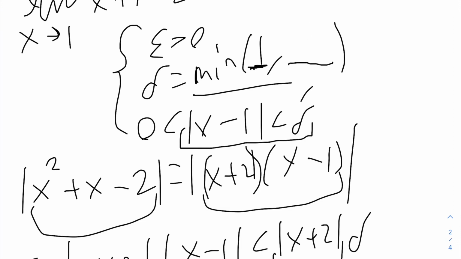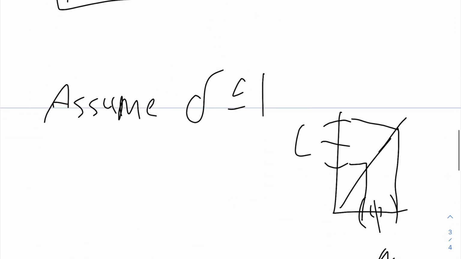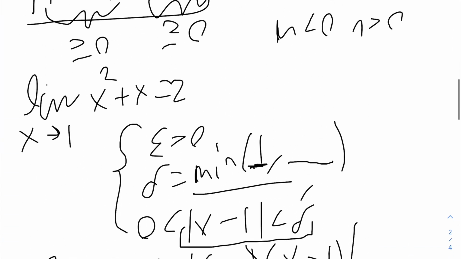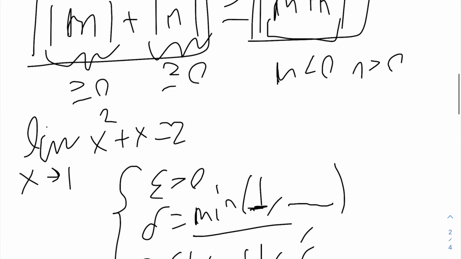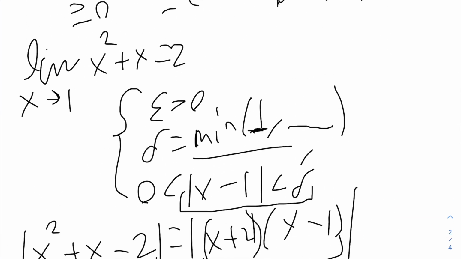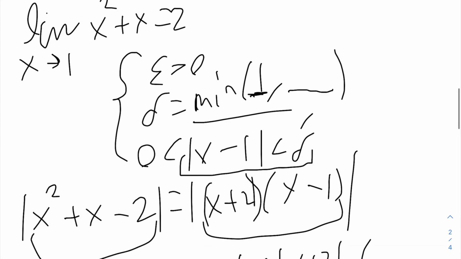So we still need to continue on with the proof though. So assume delta is less than or equal to 1, and with this, we know that the absolute value of x minus 1 is less than delta.